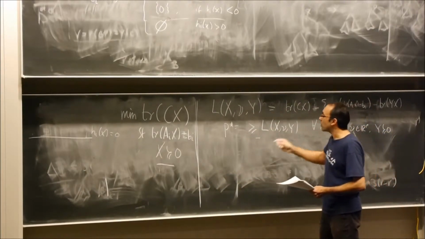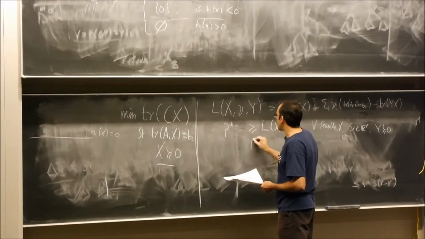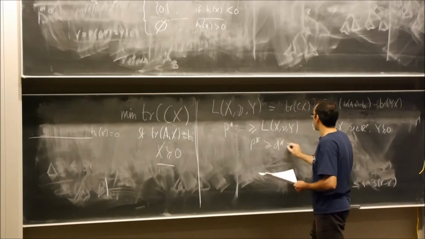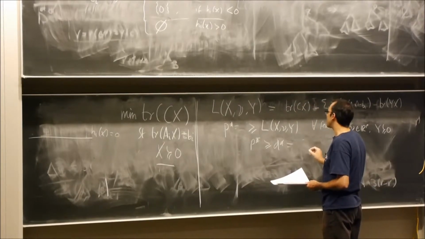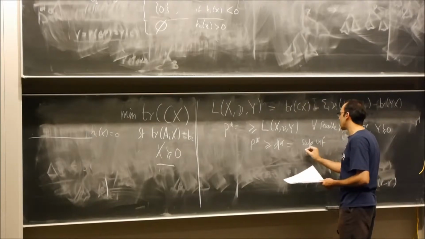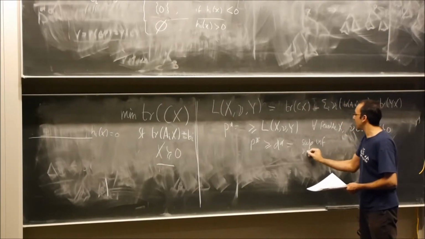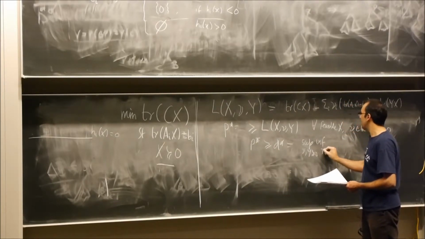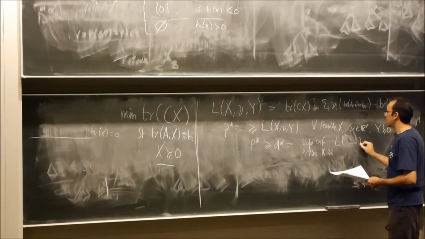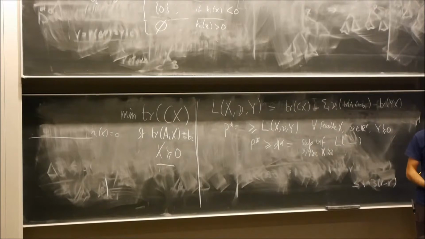So by following the previous style, ultimately you'll end up proving weak duality. We just follow the derivations that we did last time to derive weak duality.